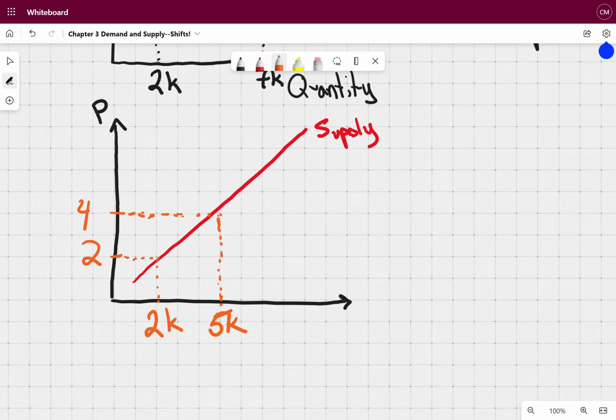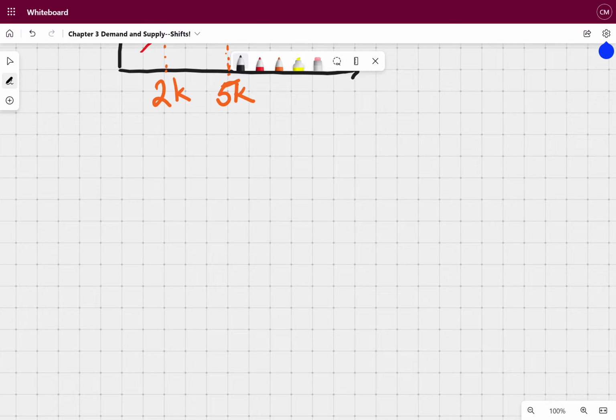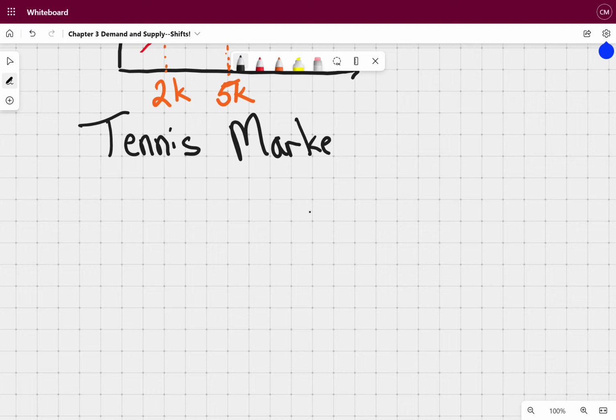So let's do an example. We'll put them both together. We're going to do an example about the tennis market. And so we are told that the price for renting tennis courts is going to decrease.